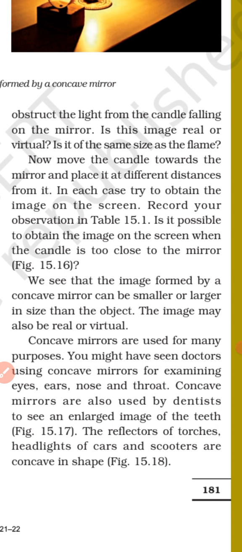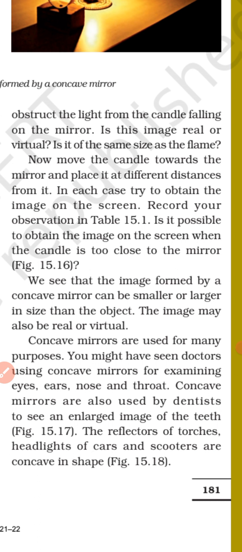When a tooth is close to a concave mirror, an enlarged image of the tooth can be seen in the concave mirror. Due to this, it becomes easier for the dentist to locate the defect in the tooth. That is why dentists use concave mirrors to see the teeth, because it produces an enlarged image.